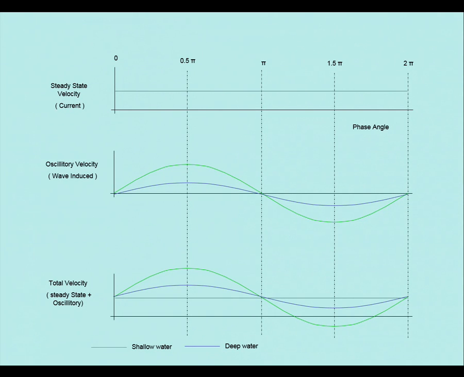What you've got to do is take the vector addition, because in this part from here to here, it's going the other way. Your current's always going in one direction, except that 6 hours later it's coming back again. But in your wave cycle, this half it's going the opposite direction.